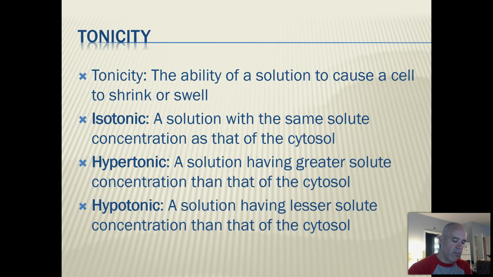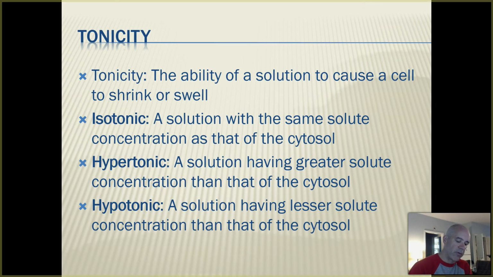Okay, so we said the solute concentrations inside and outside of a cell are going to influence how much water moves in or moves out. And so there are some new terms here, and these are very important terms for you to learn. They're called tonicity terms.